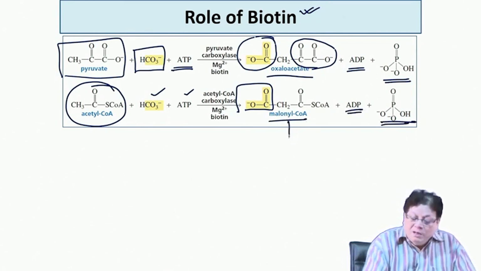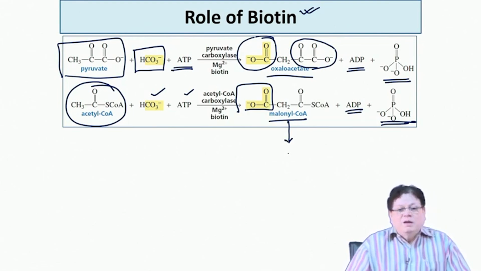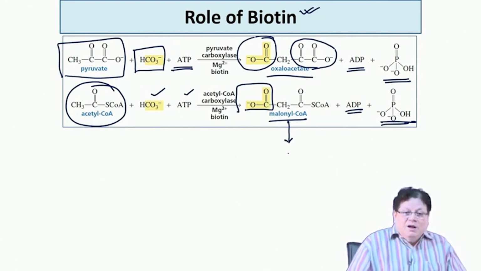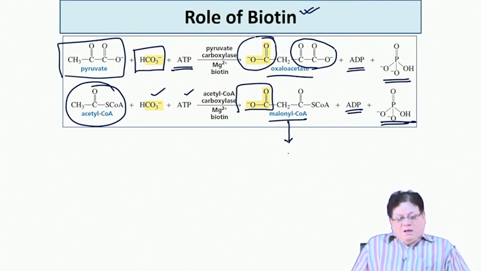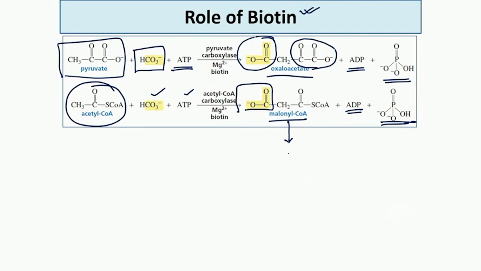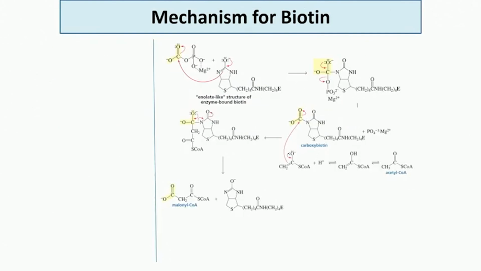This malonyl coenzyme A is also a very important metabolite for making the different fatty acids in our body, obtained from malonyl coenzyme A together with acetyl coenzyme A. So, what is the mechanism of this reaction?